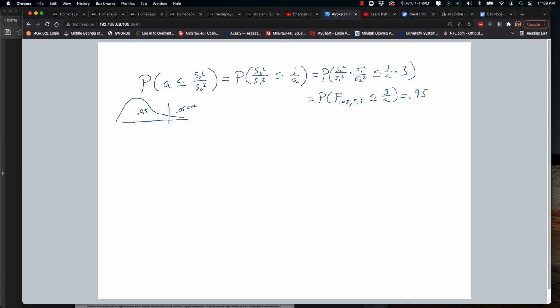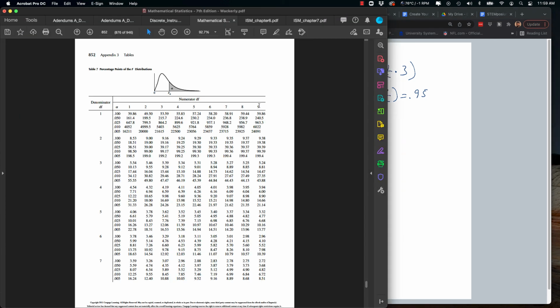So once again, we're looking at the table with 9 numerator degrees of freedom and 5 denominator degrees of freedom. From the table, we go over to the 9 numerator, 5 denominator, come across to where they meet up, and then find the 0.05 column.